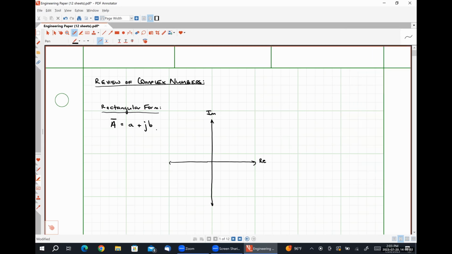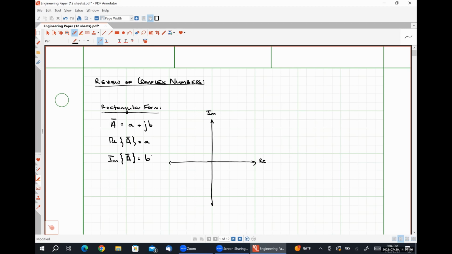So the real part of our complex number capital A is a, and the imaginary part of complex number A is b.